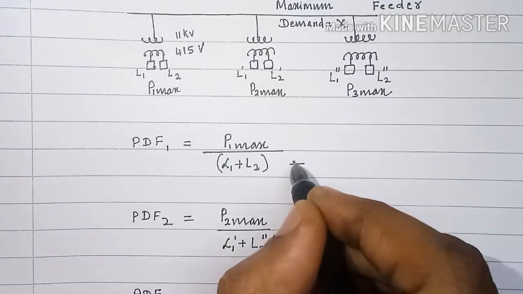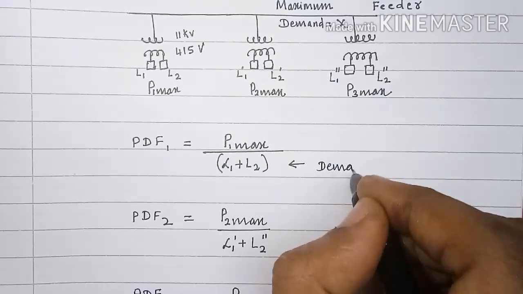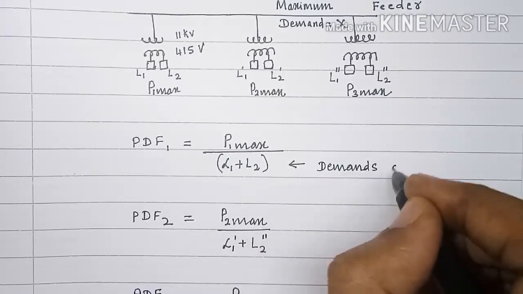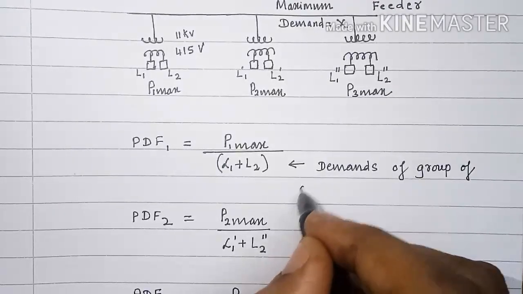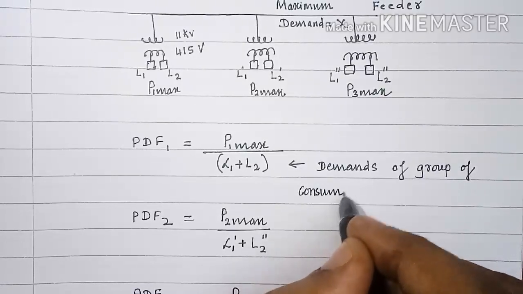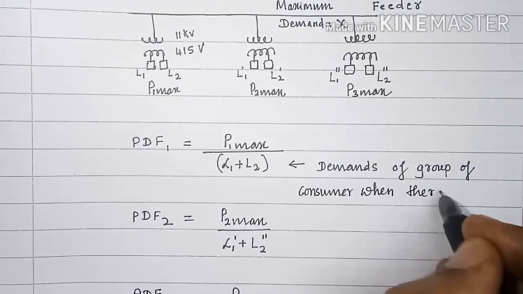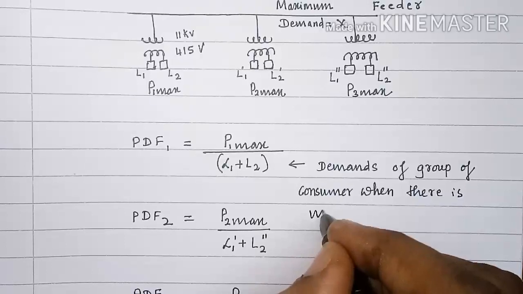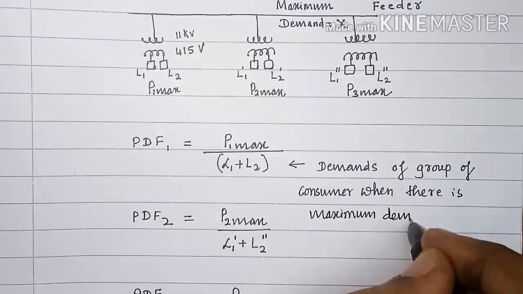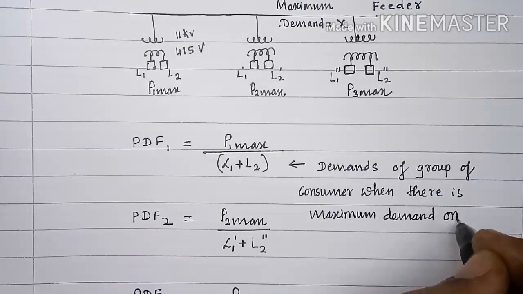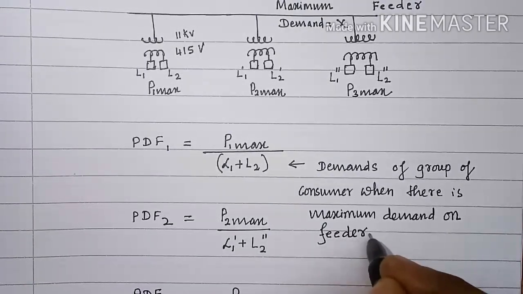So what are these denominators here? These are demands of the group of consumers when there is maximum demand on the feeder.